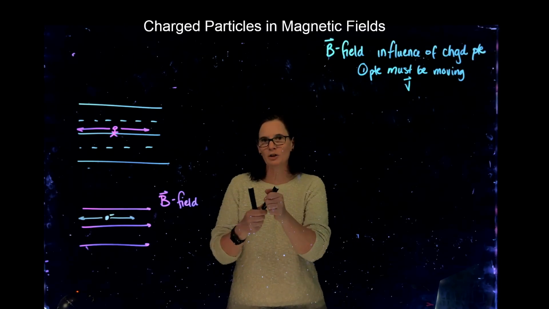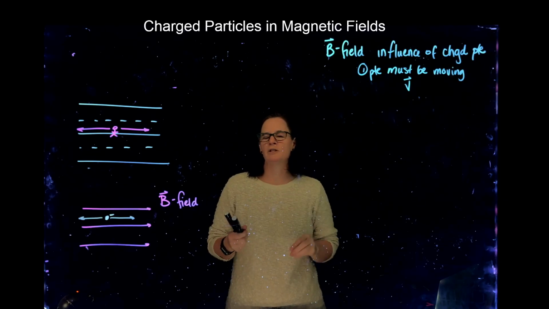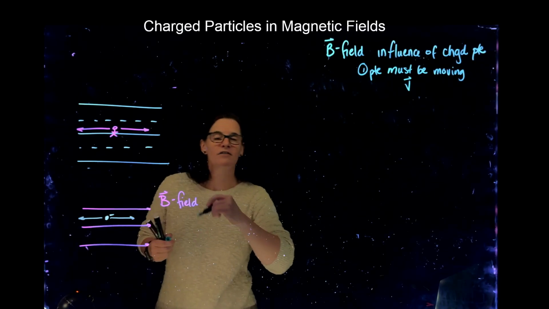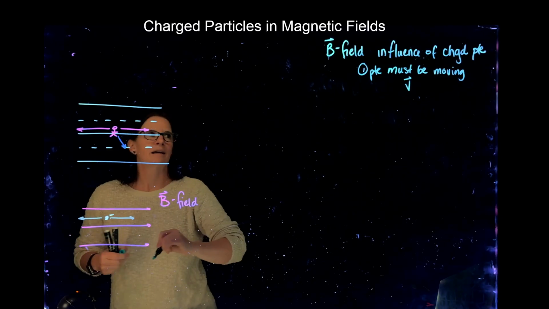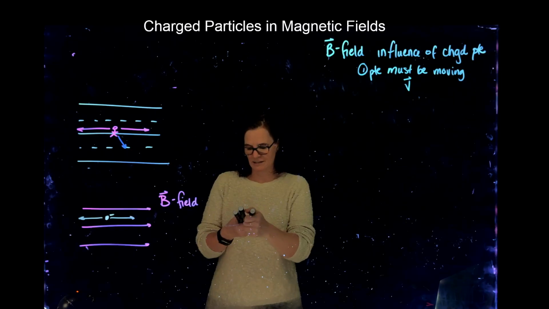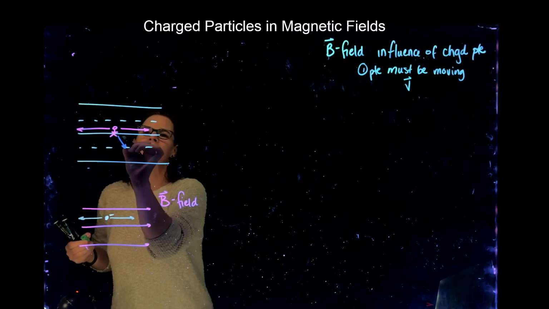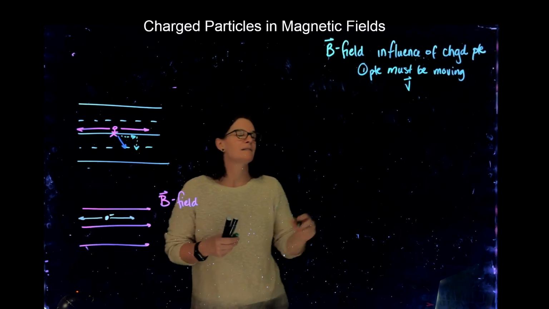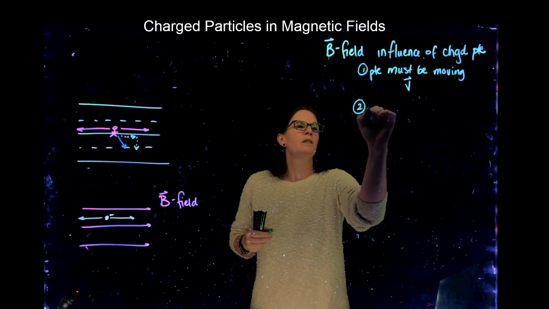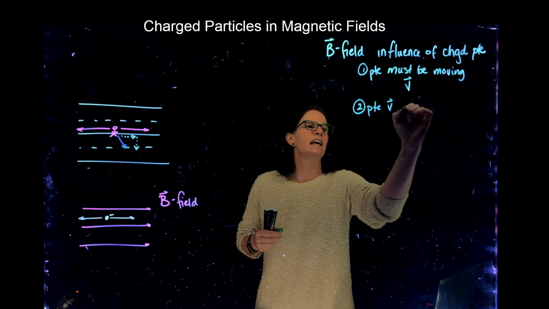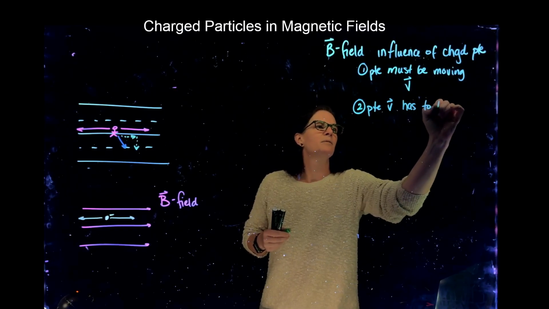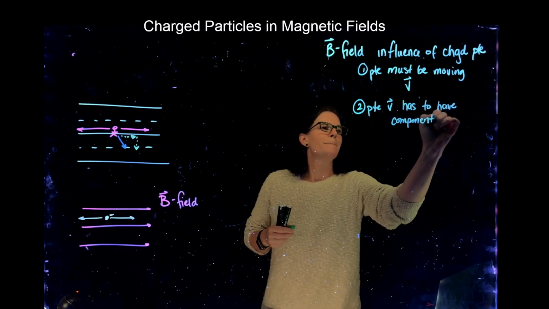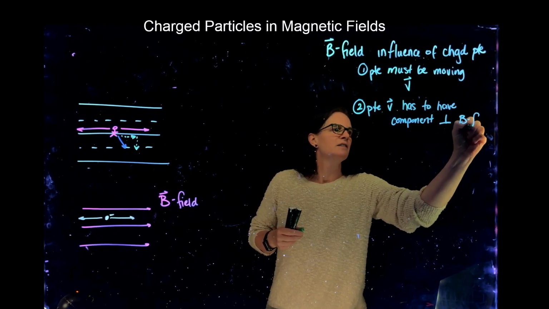What do I have to do to actually be influenced by the cars? Well, I have to walk in some direction off parallel. I have to walk with a component of my motion; that one doesn't matter, but that one does. So the particle's velocity has to have a component perpendicular to the magnetic field.